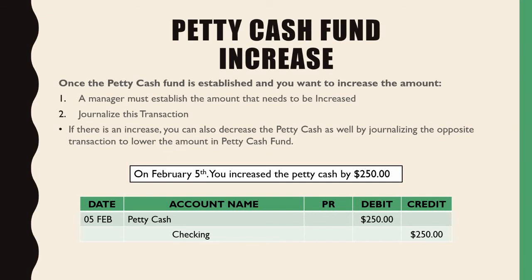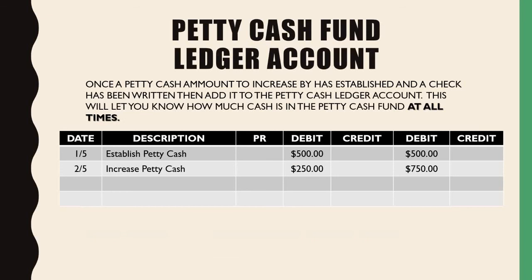Okay? So here, if I want to increase or decrease my petty cash drawer, then I can directly journalize petty cash in my checking. Okay? And what we're going to do is place it into our ledger.